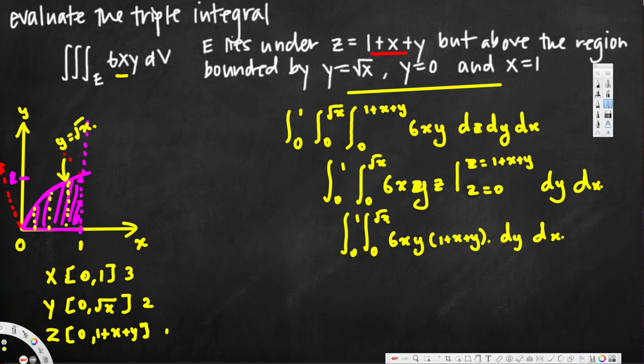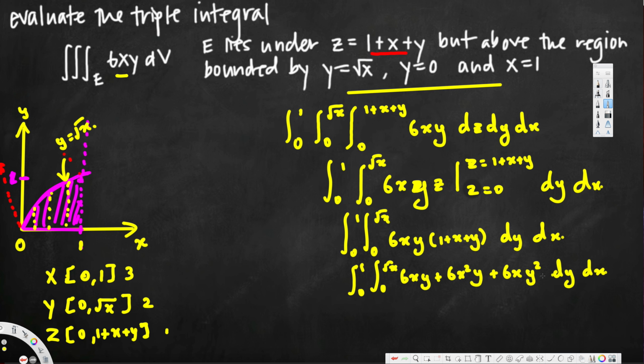Now let's multiply this. This is going to become 6xy plus 6x square y plus 6xy square dy dx, and this is going from 0 to square root of x, and here we are going to have 0 to 1.